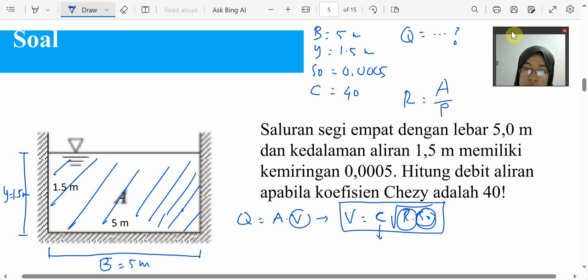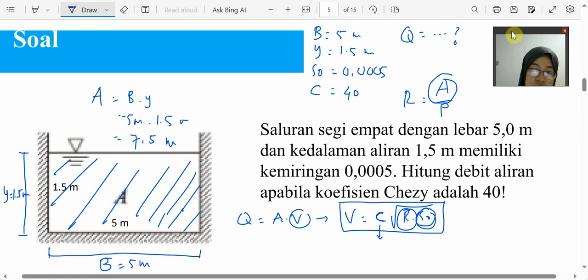If we want to find R, we need to find A. The cross-sectional area A is simple, B times Y. B is 5 meters times 1.5 meters, so A is 7.5 square meters.